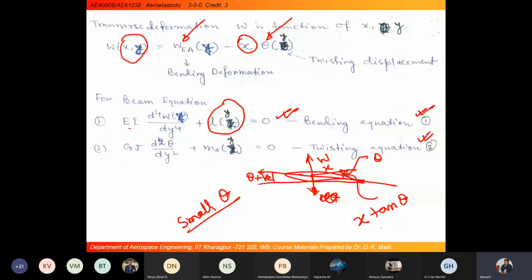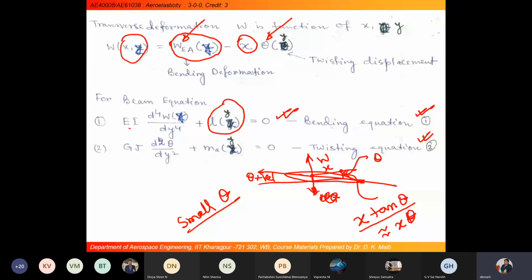Student: Sir, on the elastic axis there will be zero deformation, right? No, at the elastic axis we are not taking zero deformation. We are taking this value W EA at the elastic axis, and in addition to that, due to torsional rotation, it will have additional bending deflection.